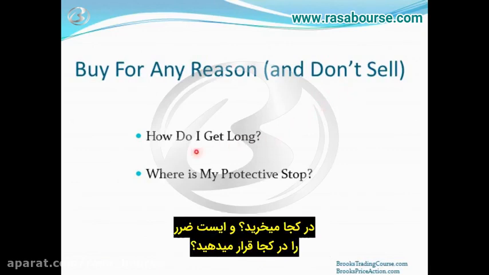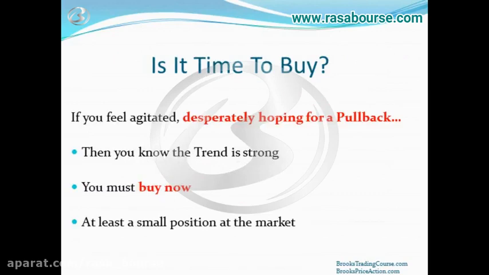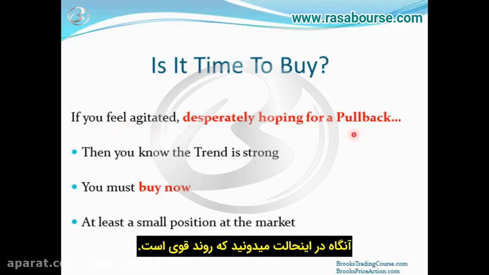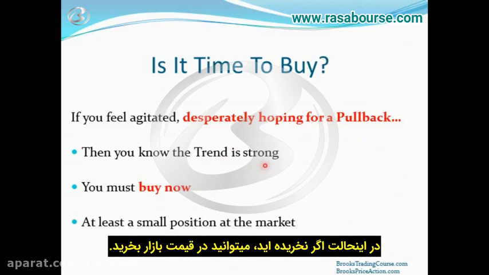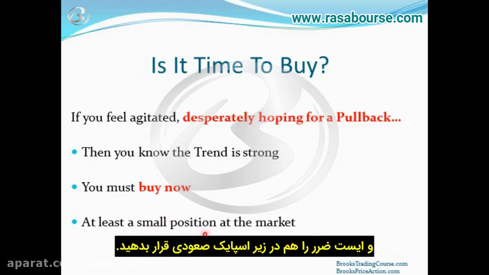So how do you get long, and where is your stop? Is it time to buy yet? Whenever you look at the market and you're starting to feel agitated, desperately hoping for a pullback, you know the trend is strong. And when that's the case, if you're not long, just buy at the market. Buy at least a small position at the market and use a stop below the bottom of the bull spike.